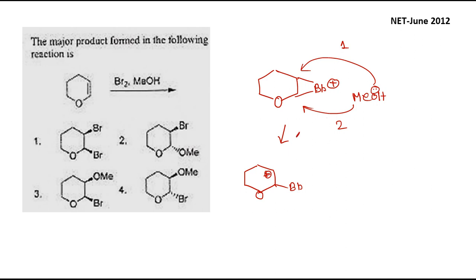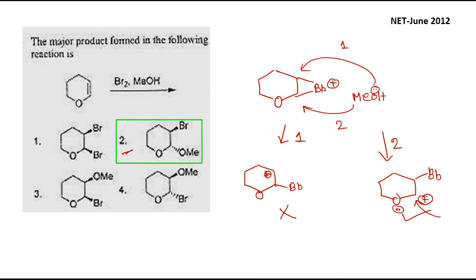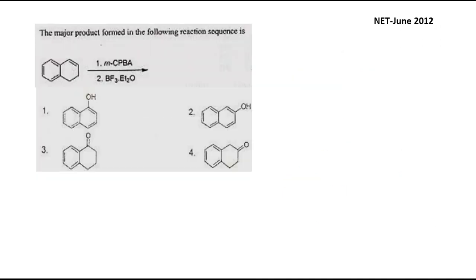But if you consider attack 2, then as if bromine is here, positive charge is here. Now among these two, obviously this is more stable because it can be stabilized by the lone pair of oxygen. So you can eliminate this option, and methoxy will be attacking at this position. That means beside oxygen there will be an OMe group, and that you can find only in option 2, not in any other options, right? So this is the correct option.